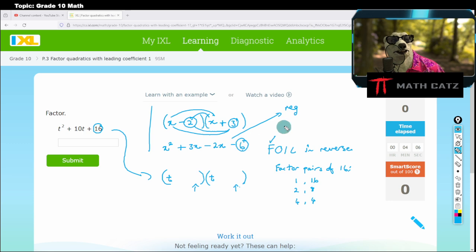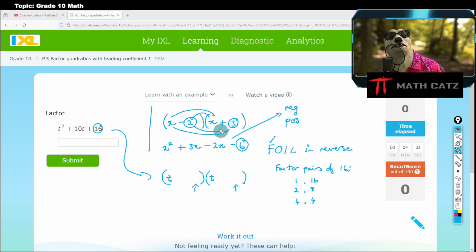Negative sign versus a positive sign. Well, understanding what I'm doing when I FOIL, I'm not randomly going to get a negative or a positive here. I got a negative because one was a minus and one was a plus. If they were both pluses, I would get a positive. If they were both minuses, I would get a positive again.